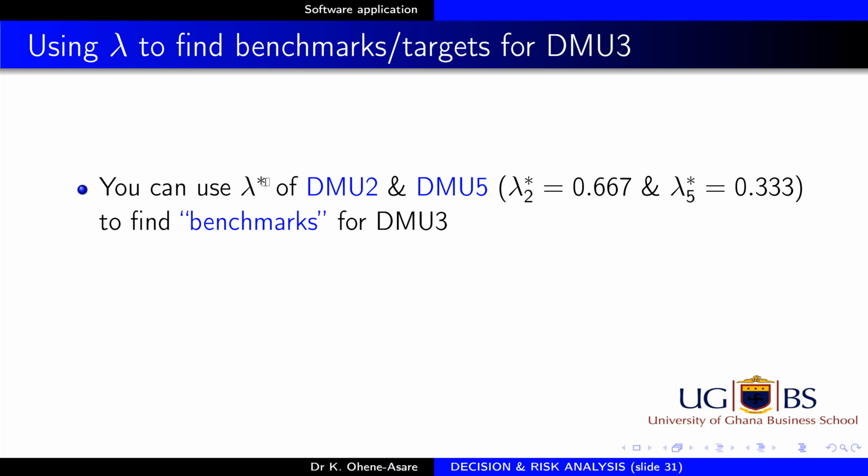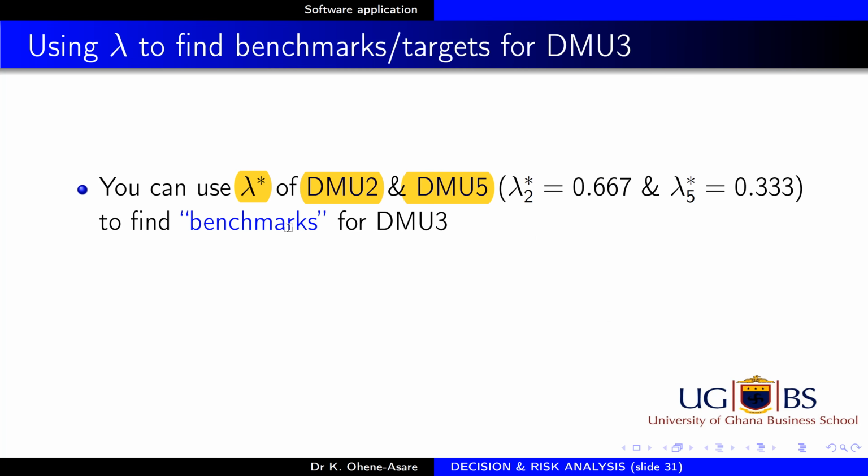You can use the lambda values coming from DME2 and DME5, which we just spotted. You can use the lambda values of DMU3 to find the target or the benchmark for DMU3. How?